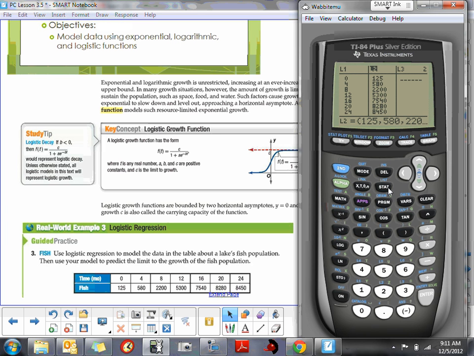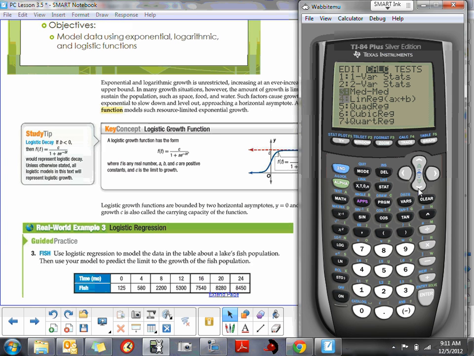So what we do is we go to STAT, we're going to calculate, and we're going to go down, we're going to pick the appropriate regression, which we're looking for a logistic. There's our logistic regression. We hit enter, and it's going to be list 1, list 2. We're going to store this, just as we have been, in the Y variables, which is the function, and I'm going to place it back in Y1.